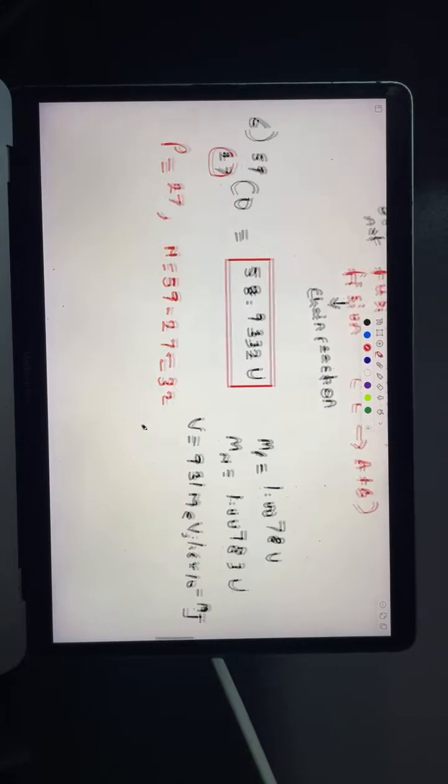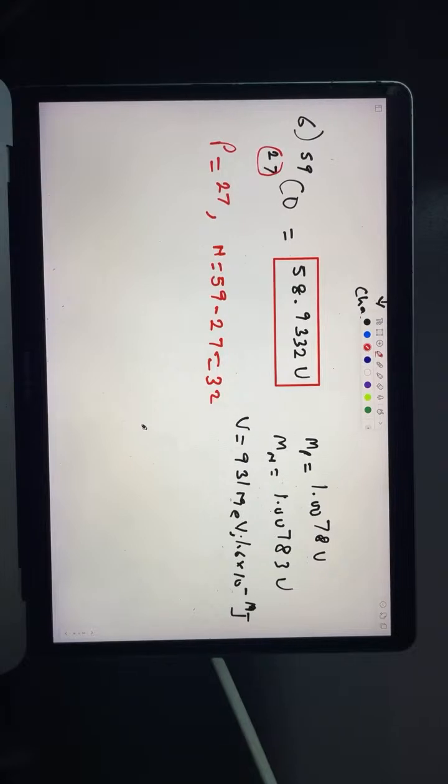Now since we have this, we will have that the atomic mass of this cobalt that we need to calculate, not the one that is given, the one that we need to calculate, will be the number of protons, which is 27, times the atomic mass unit of a proton, plus how many neutrons do we have here? 32. What's the atomic mass unit of a neutron? 1.00783.